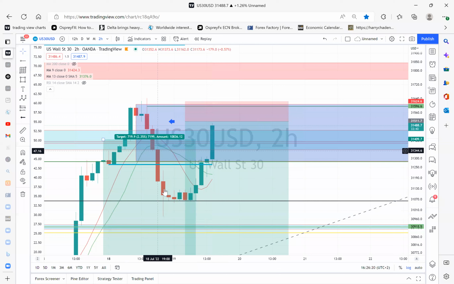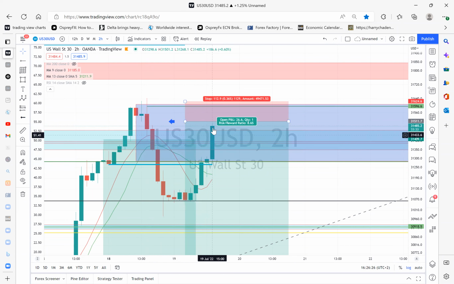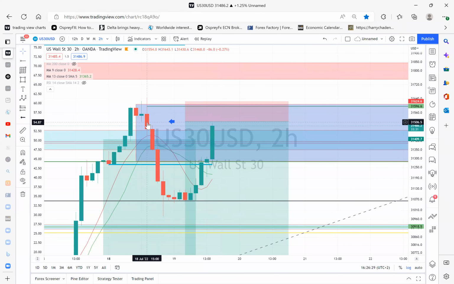Once you have chalk, what you have to do is identify the institutional candle it's going to buy back to before it sells. So this is the institutional candle. This is the order block, and it just so happens to have a fair value gap.